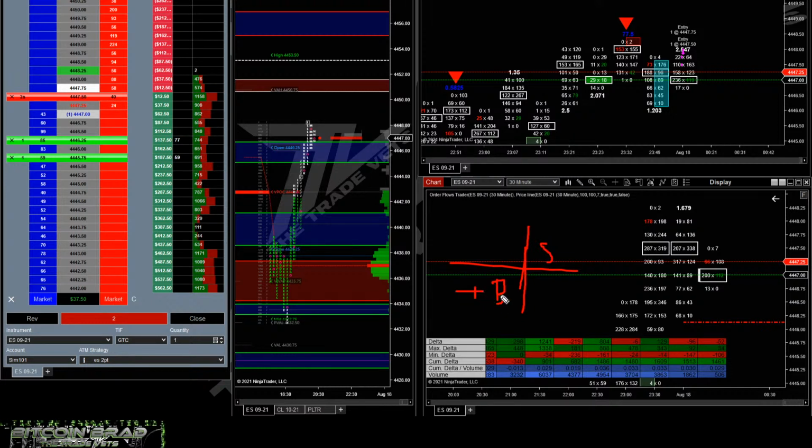This is going to be a positive delta if a buyer moves up, and it's going to be negative delta if a seller moves down. So that's why sellers are going to show up on this side, buyers are going to show up on this side, and this left side of the footprint chart is negative delta, and the right side of the footprint chart is positive delta, and this is aggregated in between those.